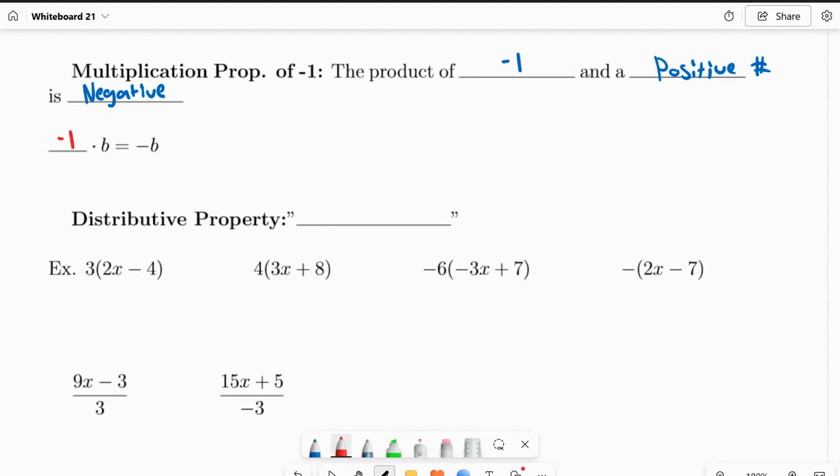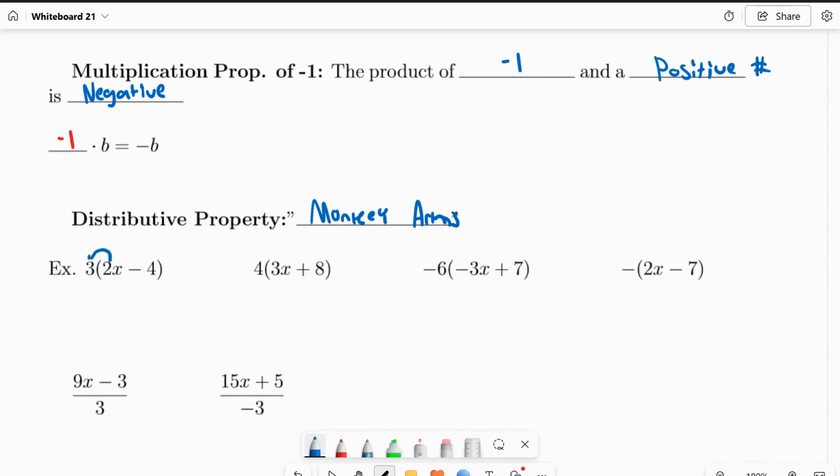All right, the next property, and I'm sure you guys are familiar with a lot of these, is the distributive property. Some people call this the monkey arms property. Why it's called the monkey arms property is you distribute whatever number is outside the parentheses to the two numbers that are inside the parentheses. So in this example, 3 is on the outside of the parentheses.